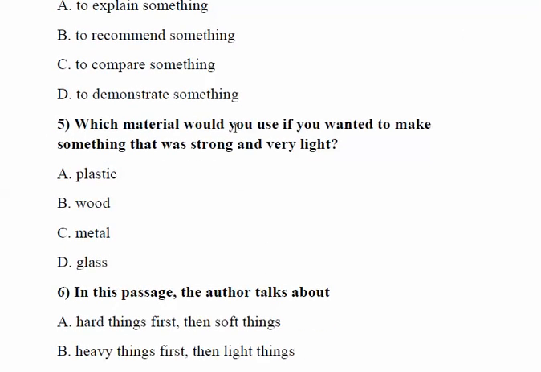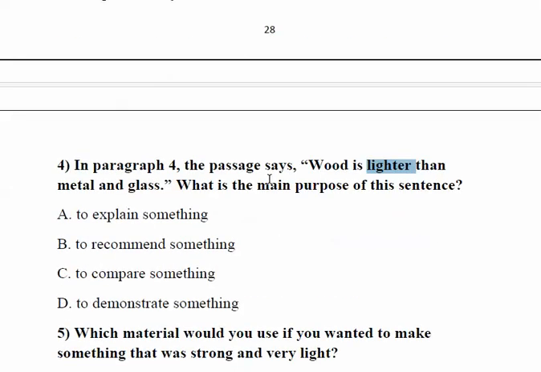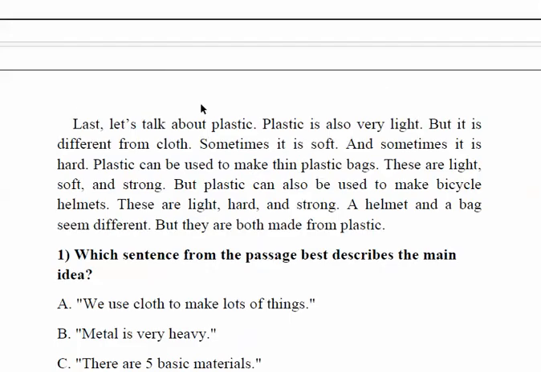Which material would you use if you wanted to make something that was strong and very light? Strong and very light. Let's see. Plastic is very light.